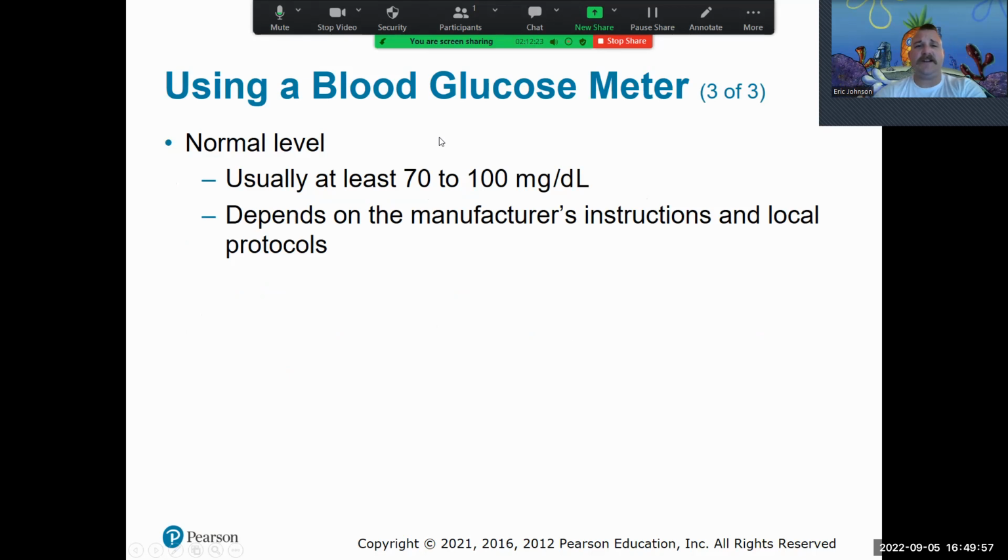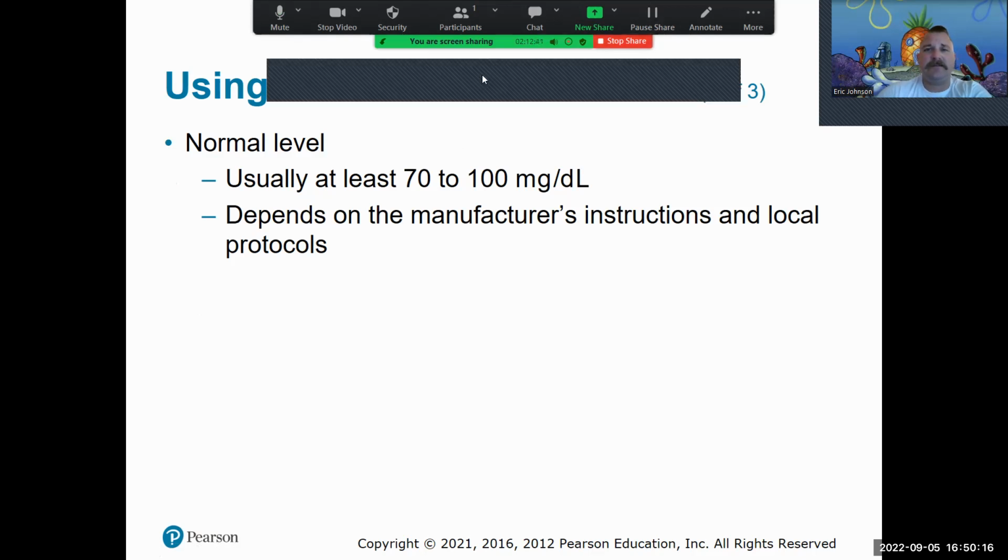So this has just recently changed, and I want to make sure that we talk about this. Formerly, the healthy range for blood glucose was 80 to 120. Now it is 70 to 110. So I'm going to go fix this a little bit here. 70 to, oh, can I erase stuff?